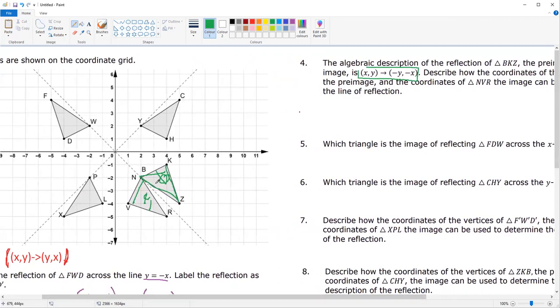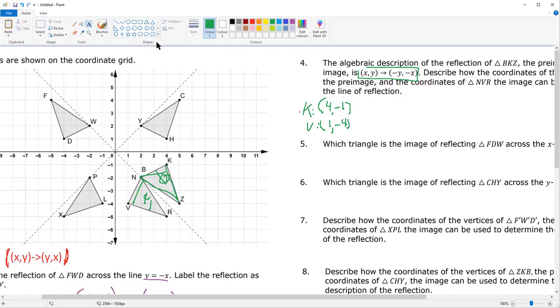If you just pick a point, any one of these points, which one did I pick? I picked K and V, your corresponding points. K was 4, -1, and V was 1, -4.